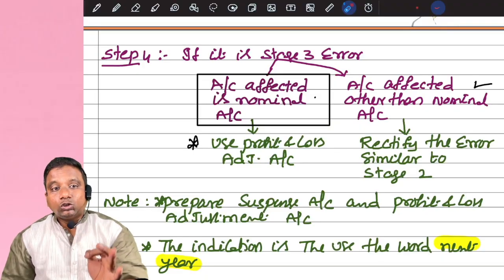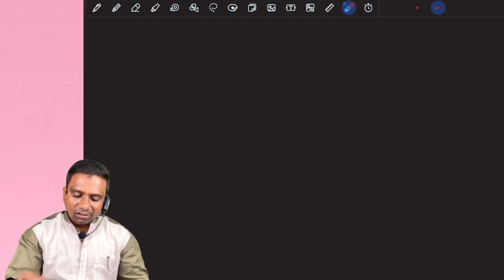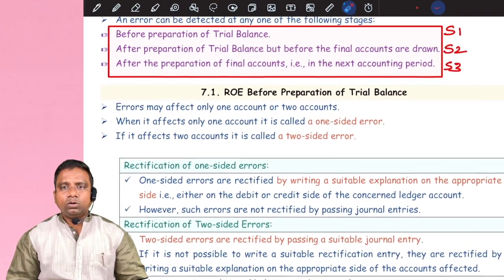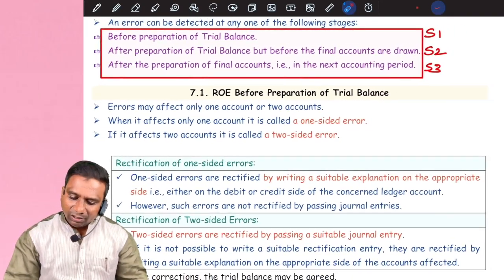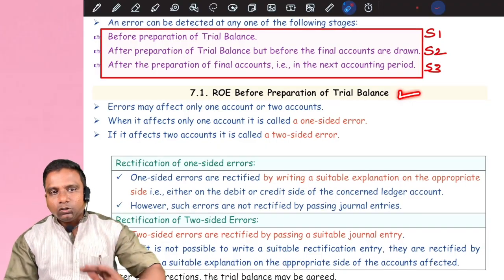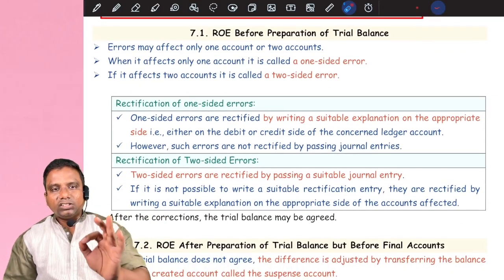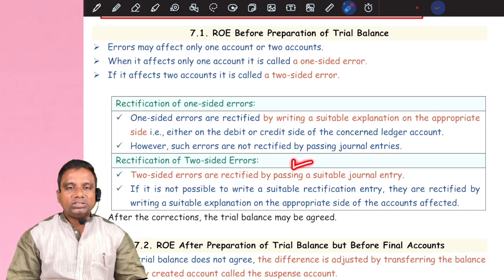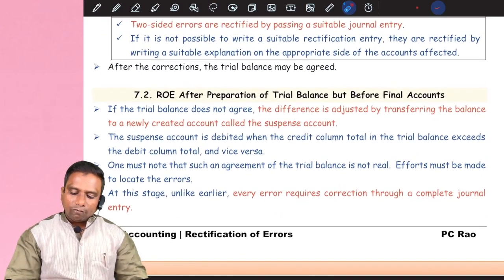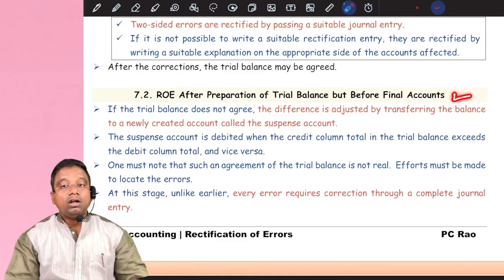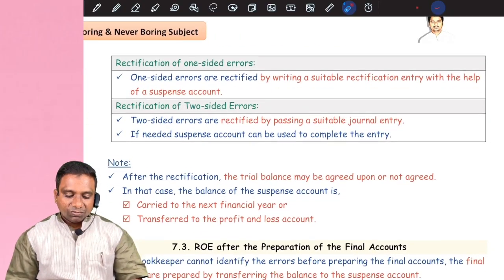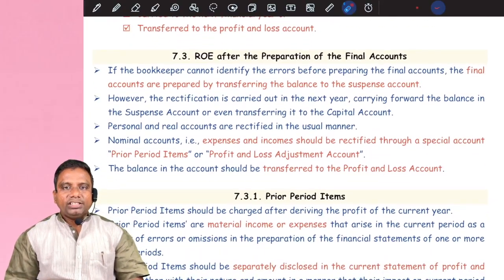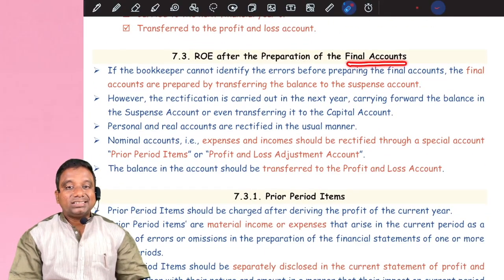Now we try to solve some problems. Here you can read the theory point, rectification of errors before trial balance. Here I have given it clearly. After completion of this lecture, go and read the concept: rectification of one side error and rectification of two side error. Next, rectification after preparation of trial balance but before final accounts, also one side error and two side error. Next, rectification after the preparation of final accounts, stage 3.